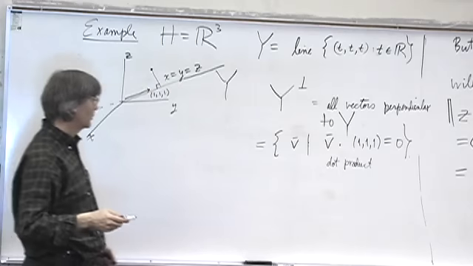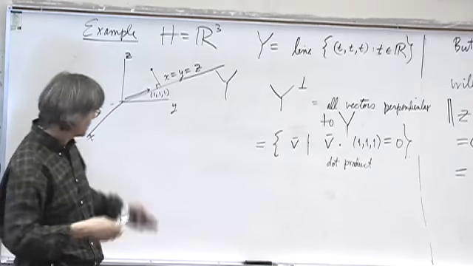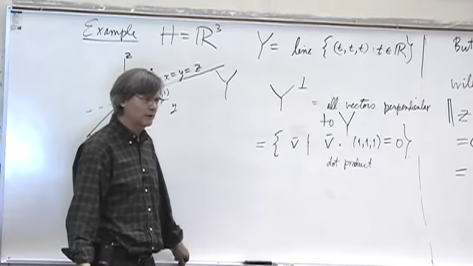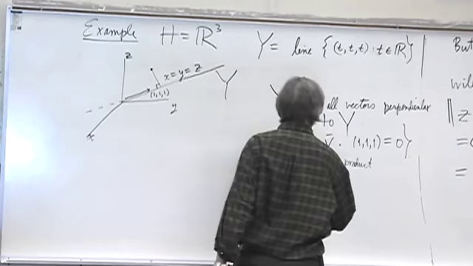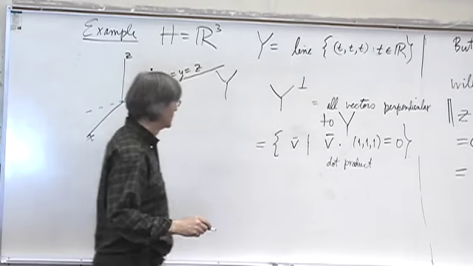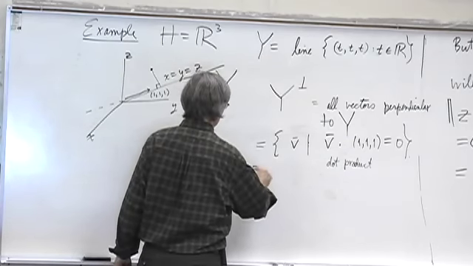So in general, if I have a basis for capital Y, I'll have a bunch of orthogonality conditions, one orthogonality to each basis vector. I only have one basis vector for Y. So that would give you just the plane x plus y plus z equal to 0.